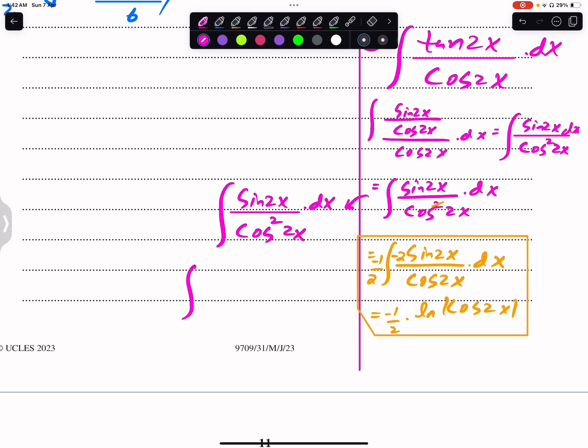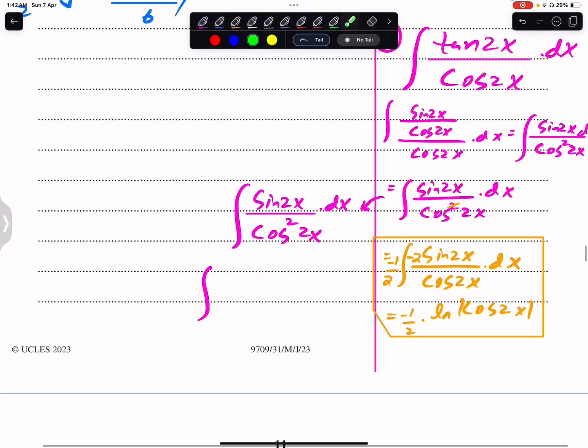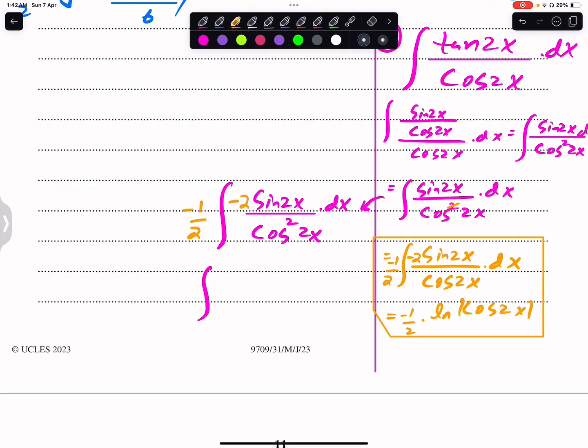Now students, think of the derivative of cos 2x, which is minus 2 sine 2x. So let's complete the derivative of the denominator in the numerator. How to complete that? Write minus 2 and then write minus 1 over 2 outside.